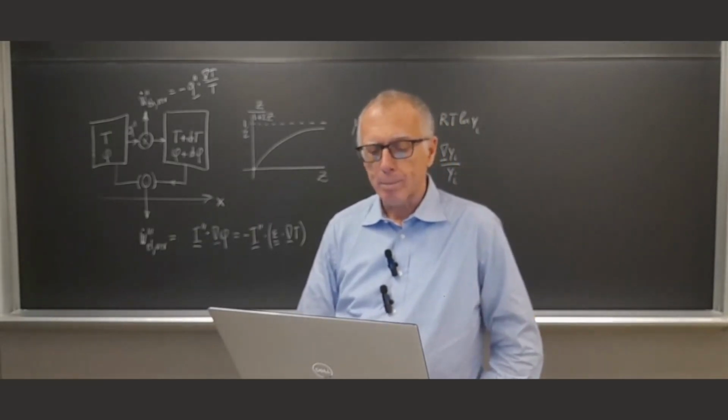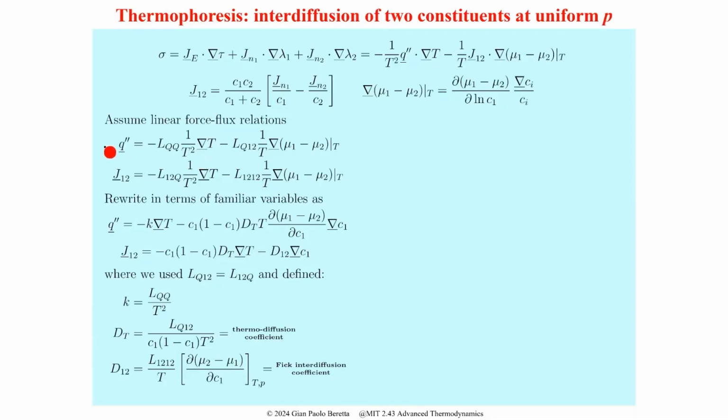And so the force-flux relations are these. You therefore put in a matrix of coefficients, and the matrix has to be symmetric. So we will have that LQ12 is equal to L12Q.